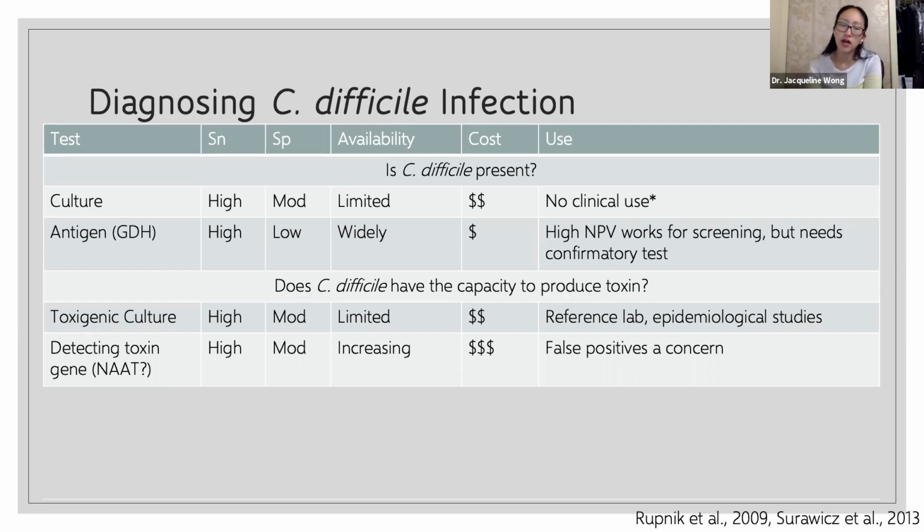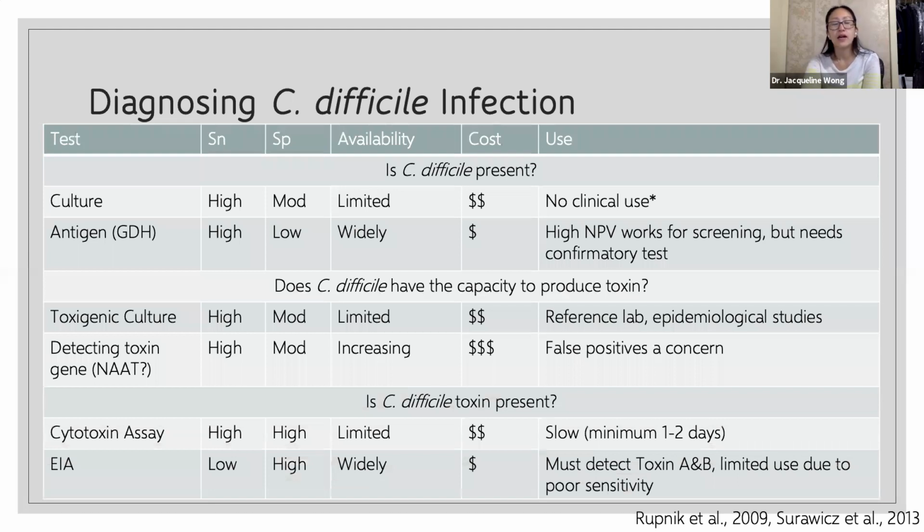I think the startup cost can be pretty high because you're purchasing new machinery, but once you have those processes in place, the cost of the tests and the media to actually run the tests, on a per test basis, is not as expensive. The clinical problem is these tests can provide a lot of false positives. Perhaps what we're running into in the patient that I described.